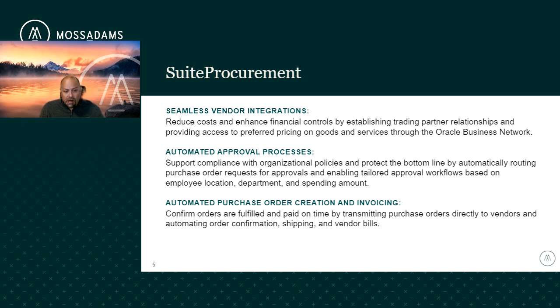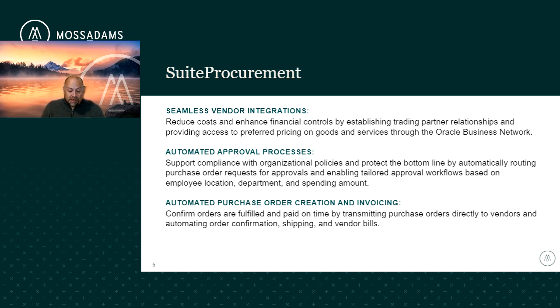Okay. So a couple of the other things that we pointed out here: automated approval processes, automated purchase order creation and invoicing. These are all things that in the past, we've worked with several clients on using third-party punch-out solutions that integrate with NetSuite that do exactly this. So we don't have to manually create POs in the system. Once we actually make a purchase on Amazon, for instance, it's going to do that for us.